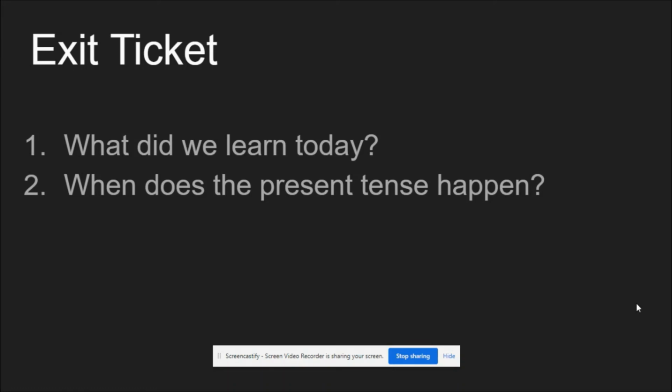And please give me a complete sentence. Today we learned about, or I learned about today. Okay, complete sentences. The second one is, when does the present tense happen? When does it happen? Okay, so just jot a couple of notes and send it to us.